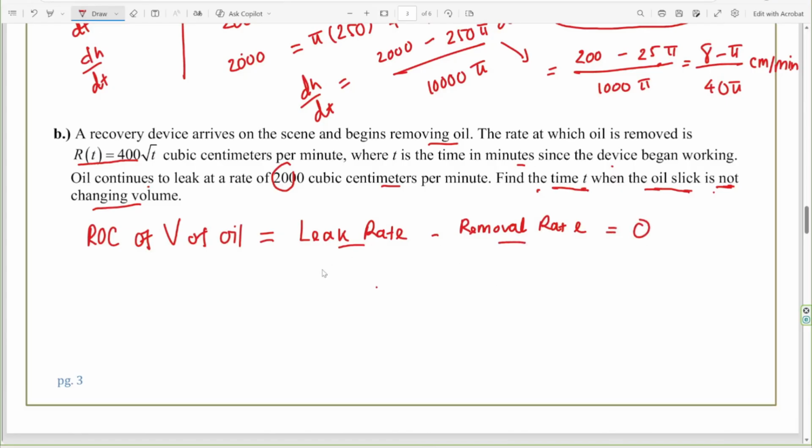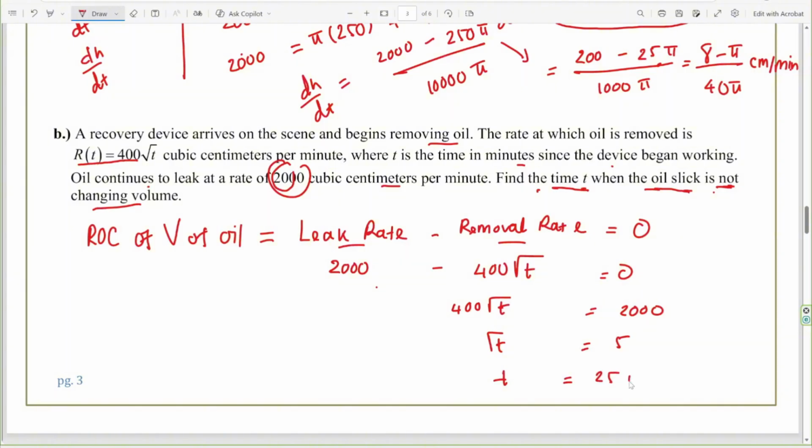The leak rate is right here: 2000 subtract 400 square root of t equals 0. Then 400 square root of t equals 2000. Divide both sides by 400, and the square root of t equals 5. Square both sides, so t equals 25 minutes.